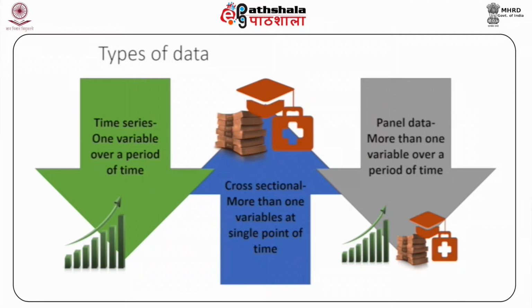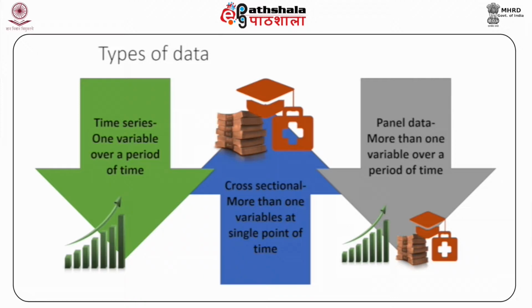Time series data refers to the series of data for one variable over a period of time. For example, to see the trend of inflation levels in the economy, the inflation in the past few years is collected and analyzed. Cross-sectional data refers to the data collected for more than one variable at a single point of time.